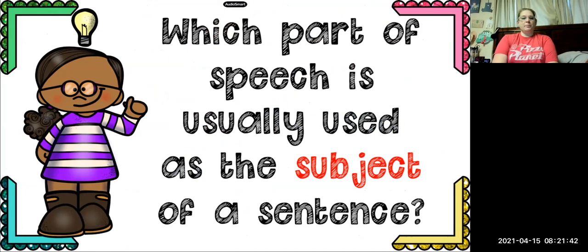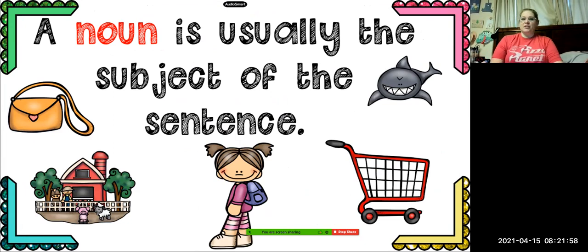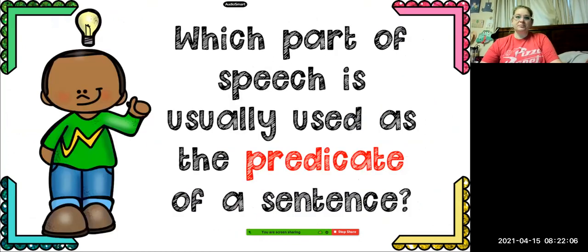So which part of speech is usually used as the subject of the sentence? Is it the noun or the verb that is the subject? It's a noun is usually the subject of the sentence. That's the part that tells who or what is doing the action.